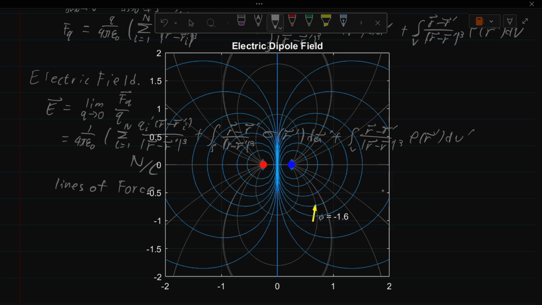Instead I put a test charge in which it tries to circle around this dipole, and it shows where the electric field is pointing as well as the magnitude. That's basically also the force if the charge is positive. And so that's the definition of the force for a point charge. It's just Q times the electric field.